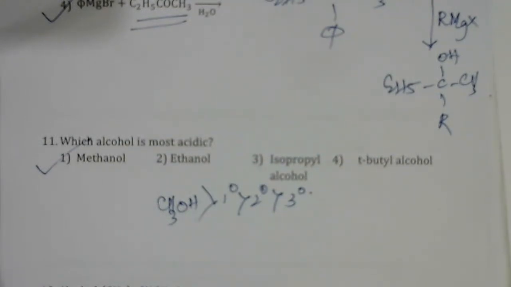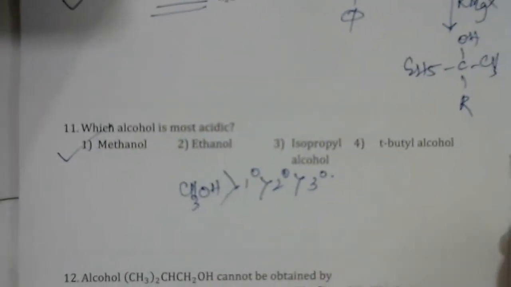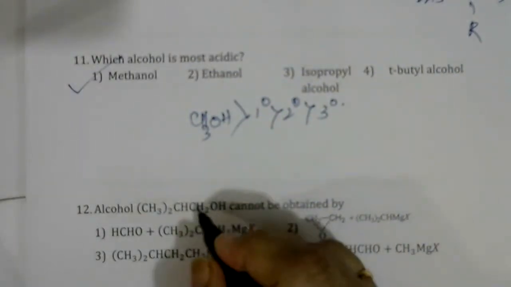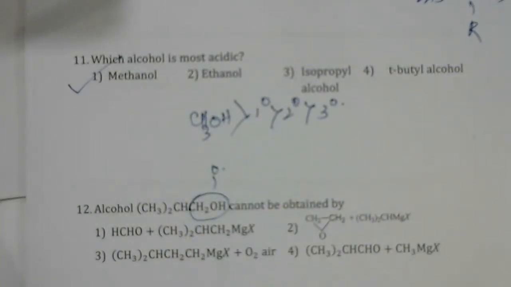Question number 12. This is a kind of which alcohol, children? Primary alcohol. The nature of this alcohol is primary. That's why we can say that this cannot be obtained, they are saying.